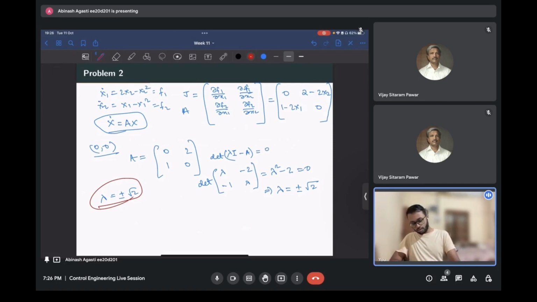Okay, so on this, if there is a single eigenvalue with real part greater than 0, then the equilibrium point is unstable.